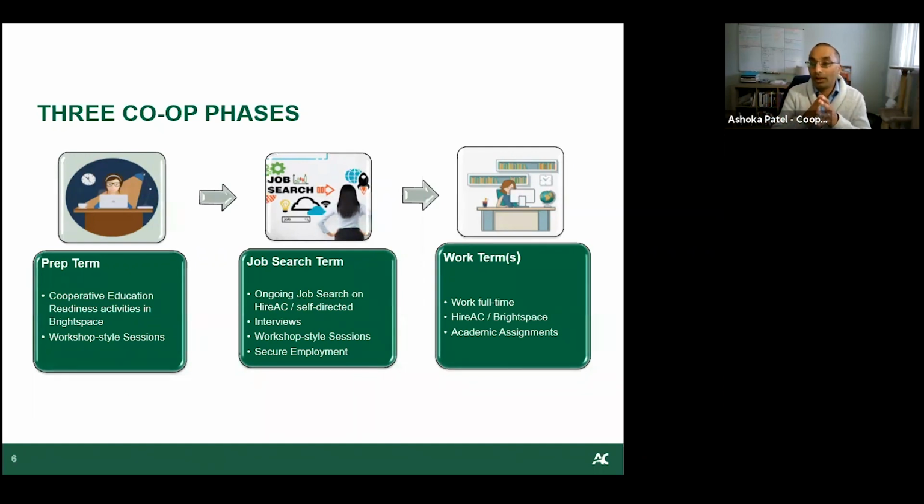But on Hire AC, this is where we will post jobs for you to apply to. On our team, we have 2 to 3 job developers, and their responsibility is to go out and seek those jobs that match the program requirements, and they will post those jobs on Hire AC.